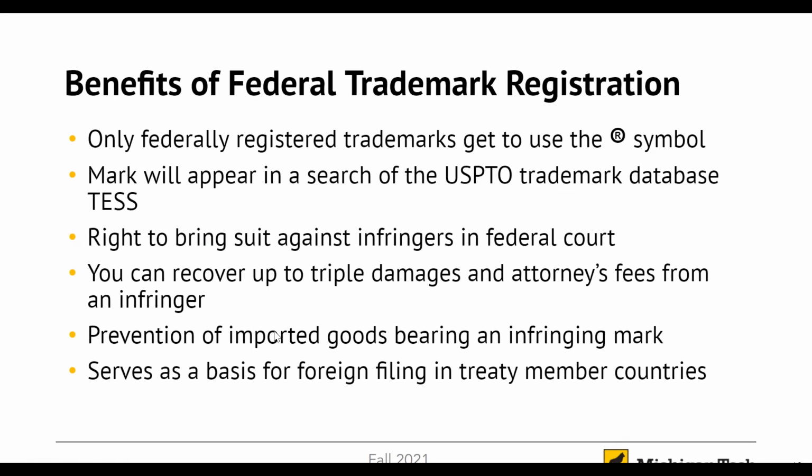You have the right to bring suit against infringers in federal court and recover some sweet attorney's fees and damages from your infringer. Again, prevention of imported goods bearing this infringing mark can also serve as a way to get your product trademarked easier in other countries.